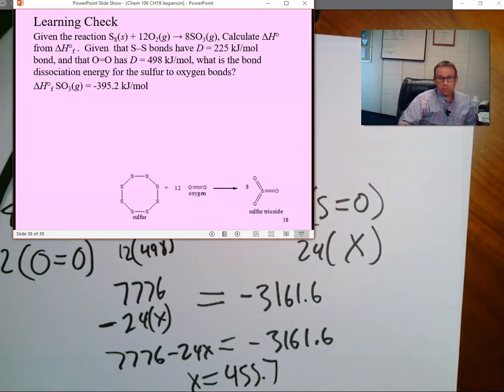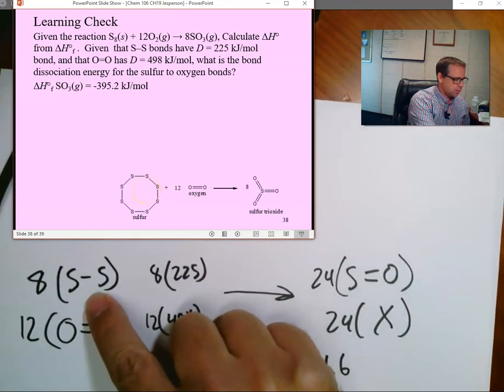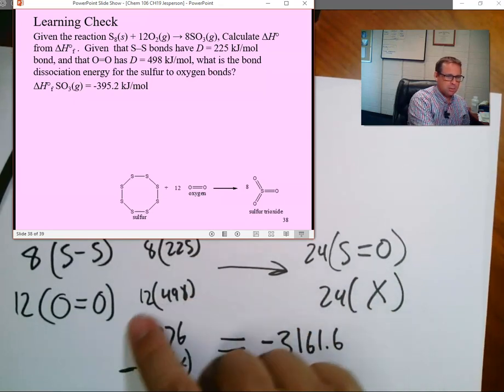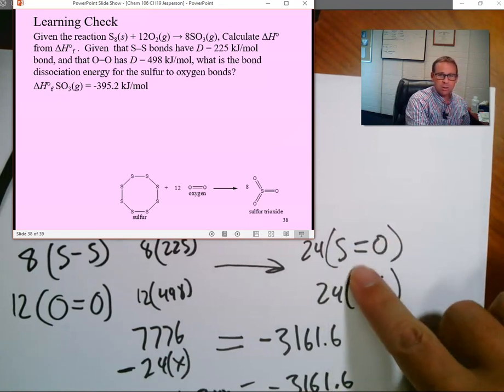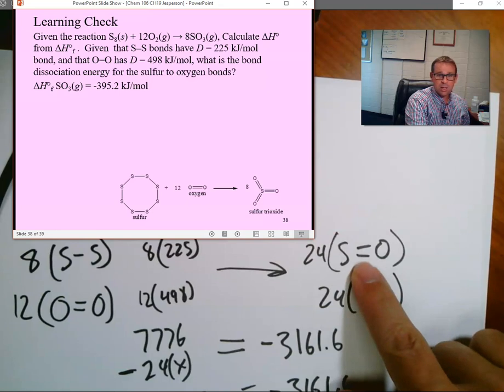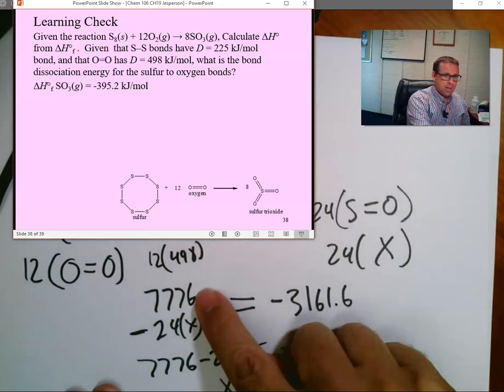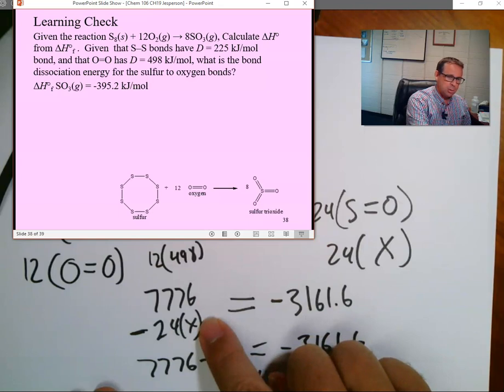Okay, so a little review of how we did that. Again, what we did was we took the information associated with our bond energies. We identified how much energy in terms of bonds needed to be broken, right? We identified how much energy was going to be released. We didn't know the sulfur-oxygen double bond energy, so we just called it X. The energy in our reactants' bonds minus the energy in the products' bonds was going to be the delta H for this reaction.